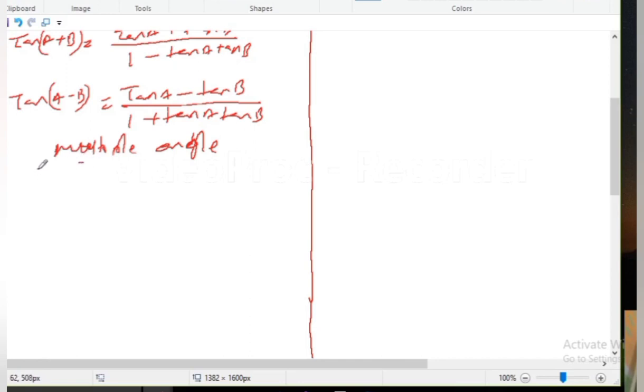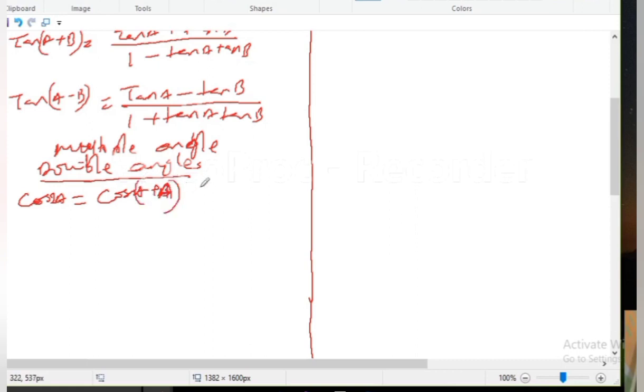For multiple angle you have double angles. For double angle, what you have here is, instead of A and B, you can have like cos 2A. I won't do everything, just parts. Cos 2A is a double angle, as I told you, like 60, which is double 30. So you can write this one as cos(A plus A). So you still follow the other formula there.